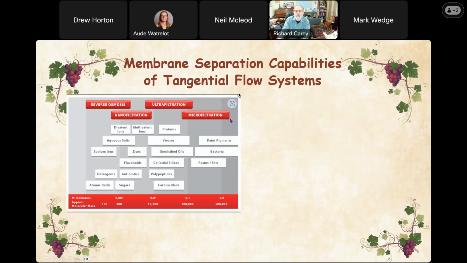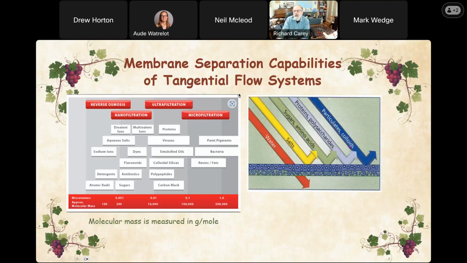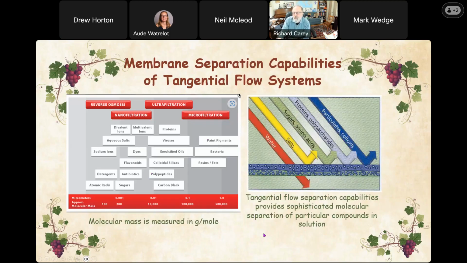Microfiltration is good for virtually all of the wine types of filtration. And so it's based upon the mass as measured in grams per mole. And again, these are the different kinds of compounds that are separated with tangential flow filtration properties.